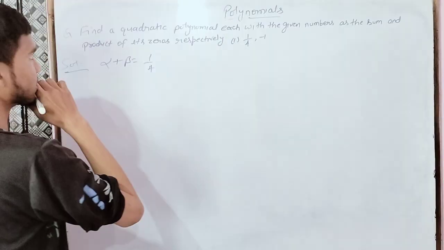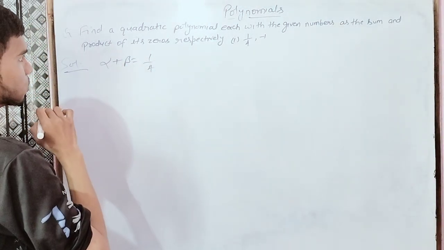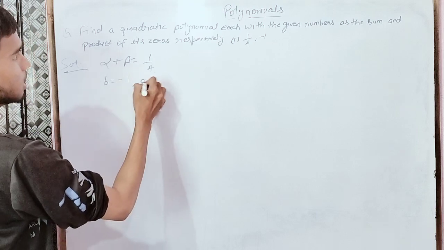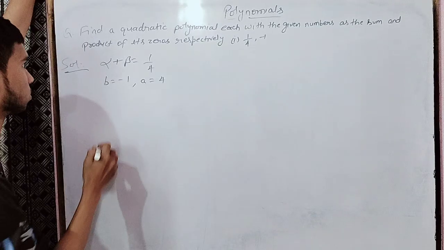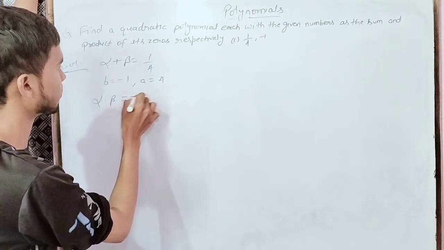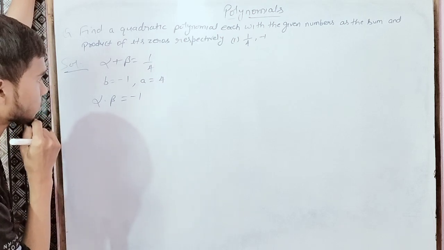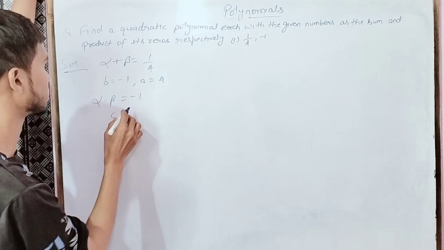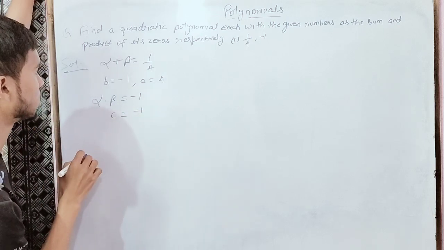So of course we can say this is a minus. So b is a how much? Minus 1. A is a 4. A is a 4. Isn't it? And product of two zero is minus 1. So here you would say c is a minus 1.